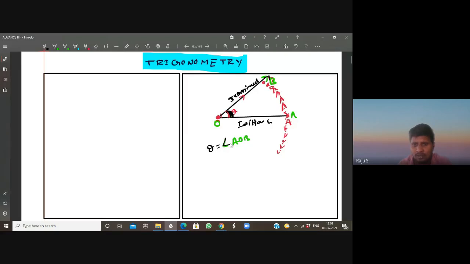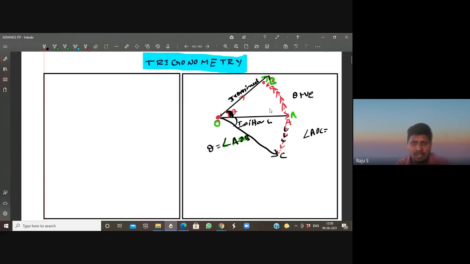Theta is equal to the angle AOB. Also remember that if it rotates in the anti-clockwise direction, then theta will be positive. The angle is negative when it rotates in the clockwise direction. If I take C as any point, angle AOC becomes negative.